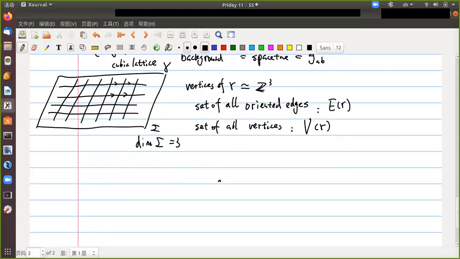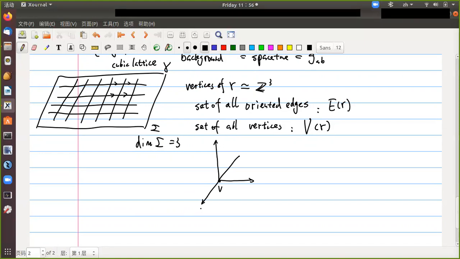Here you can locally look at a vertex. Let's call this vertex V, and then each vertex connects to 6 edges. You can view this like a coordinate system, but the lattice only has coordinate axes. So let's fix the orientation such that all the orientations are toward the positive direction of the coordinate system.